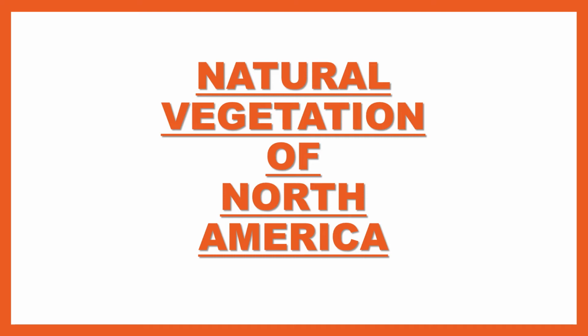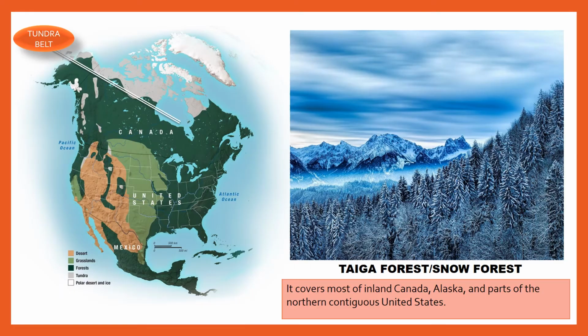The next topic that we have to discuss is the taiga forest or the coniferous belt, which comes below the tundra type of vegetation. So let's start. Children, south of the tundra belt lies the cool temperate type of climatic region. This is actually a belt of coniferous forest called taiga, and it is also known as snow forest.